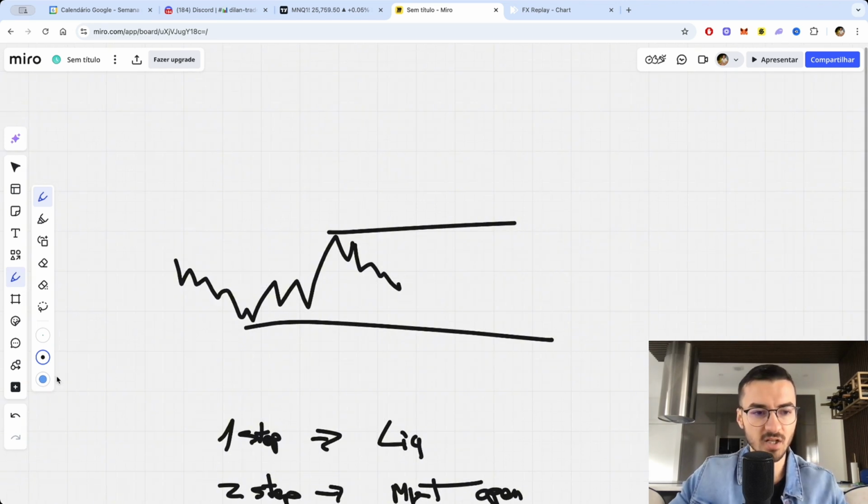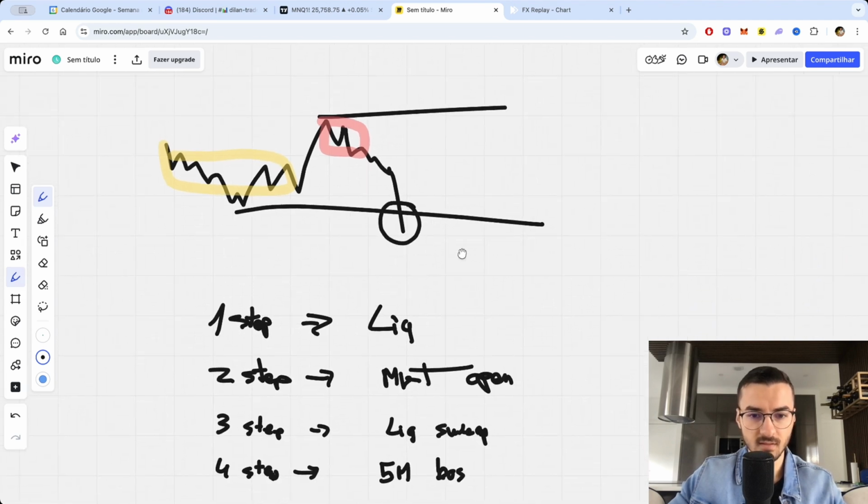So let's say that in here, you mark your liquidities. Let's say that this is Asia, this is London, market's about to open, so you've already marked your liquidities, market is about to open, you patiently are waiting for that. We do a sweep to the downside.